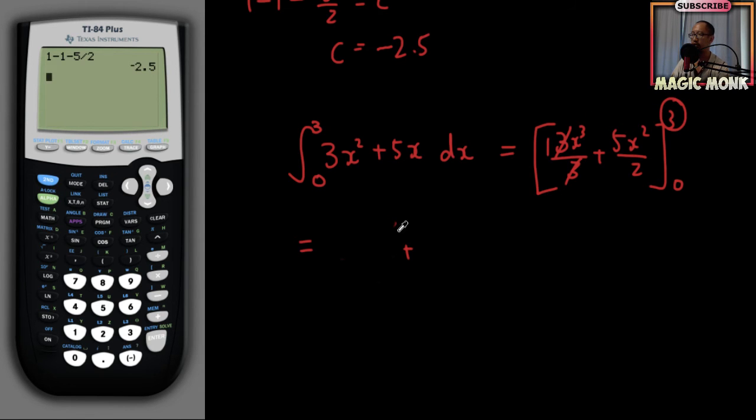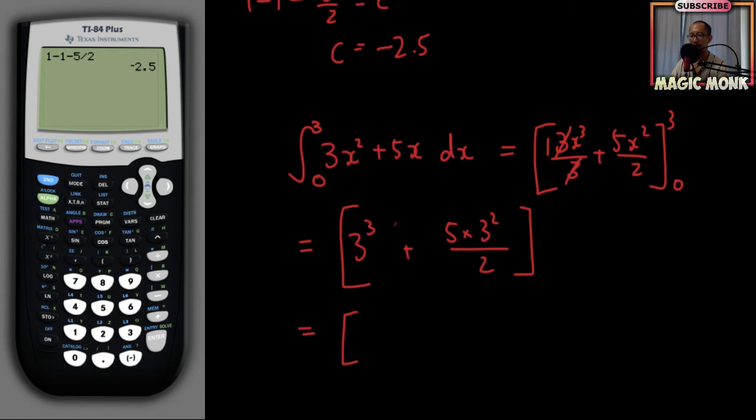Then it's 3 cubed plus 5 times 3 squared over 2. Now you're going to get the answer for that first, and the answer is 49.5.